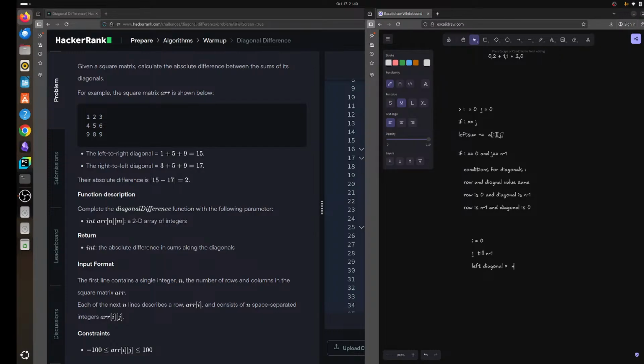One can be row 1 with the column similar, and the last has row n minus 1 and column 0. Can we see any pattern here, where column is n minus 1 and row is n minus 1?